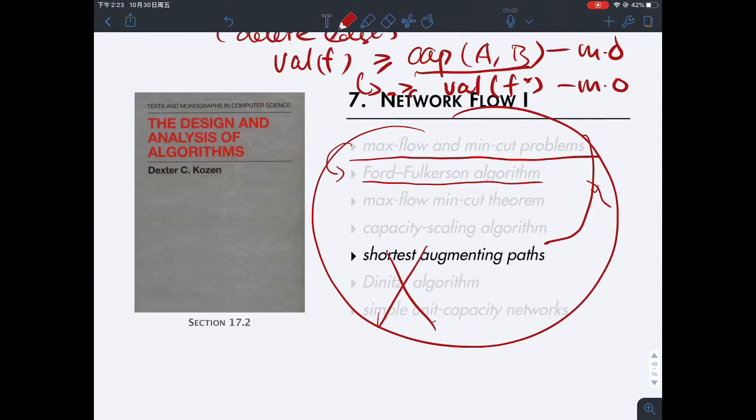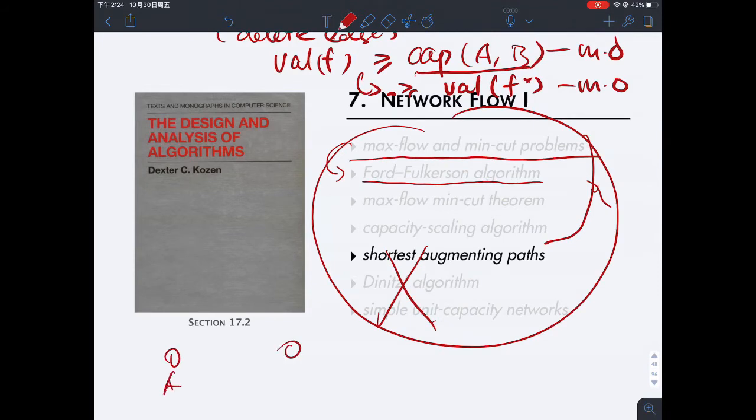The greedy algorithm almost works, except that we really have to consider the residual graph more carefully instead of just looking at a modification of the original graph, right?